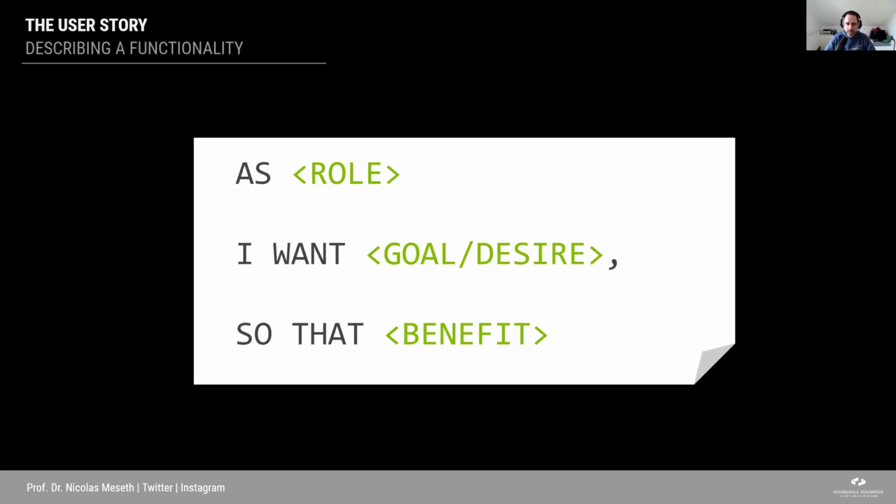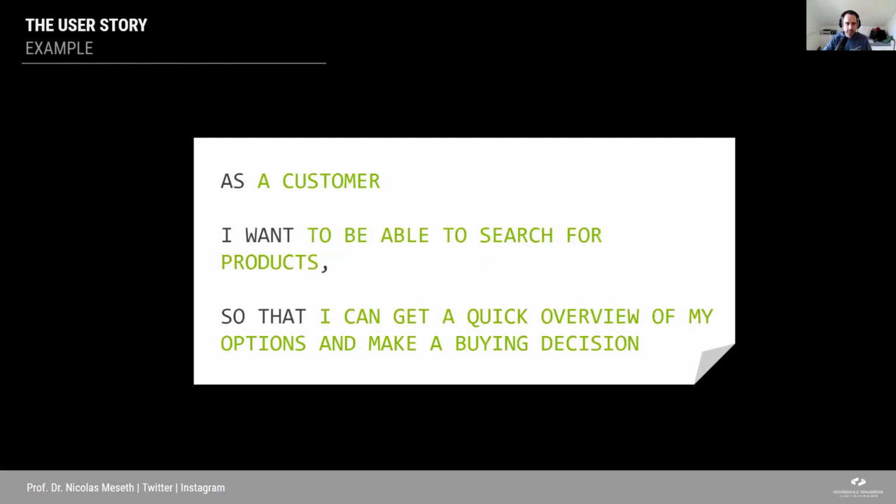And then we already have a distinction in different roles. So if I have more than one user group, I can simply sort these user stories by role, and then already have a distinction into my different types of users that are using my product. Okay, let's look at an example from the web shop again. So this would be an example of a user story for an e-commerce shop.